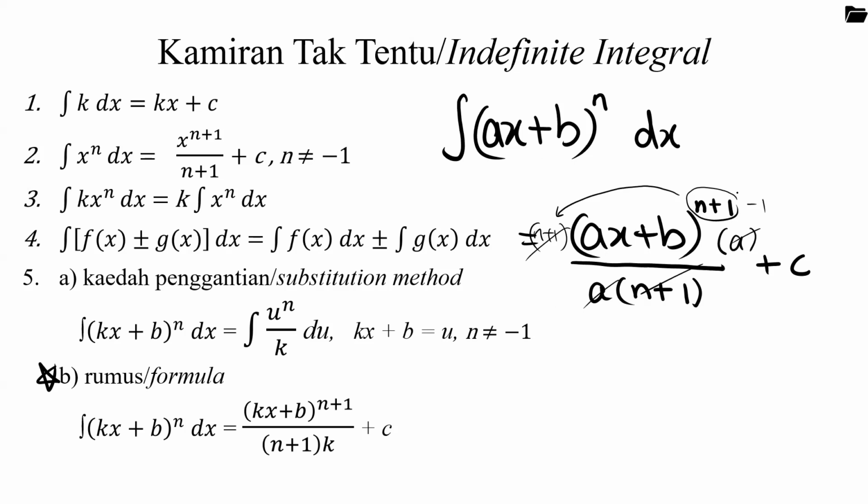So you want to do the reverse. Initially in differentiation, you times a, so you have to divide by a also. You times the power, so you divide by the power. So that is the reason we have the extra a there. Divide by a, because in differentiation, when we do inside, we get an extra multiplication of a. So you will have to divide the a away.